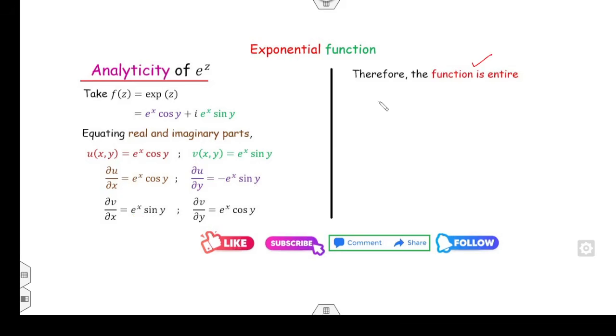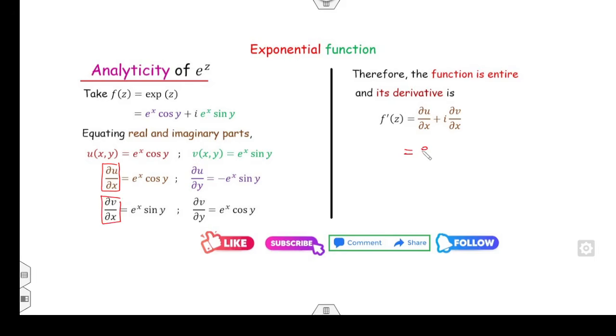Now once the function is entire, we can calculate the derivative. Fine. How can you calculate the derivative? You can take the partial derivative of u with respect to x plus iota partial derivative of v with respect to x. Now you can substitute the values.